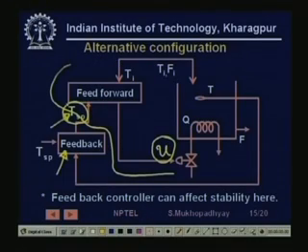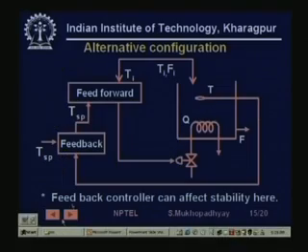Anyway, we are not examining the stability question in depth, but obviously it can happen that if the loop becomes unstable, then the equivalent T set point can oscillate, and then the whole loop will oscillate. Questions like stability are not so easy to analyze.